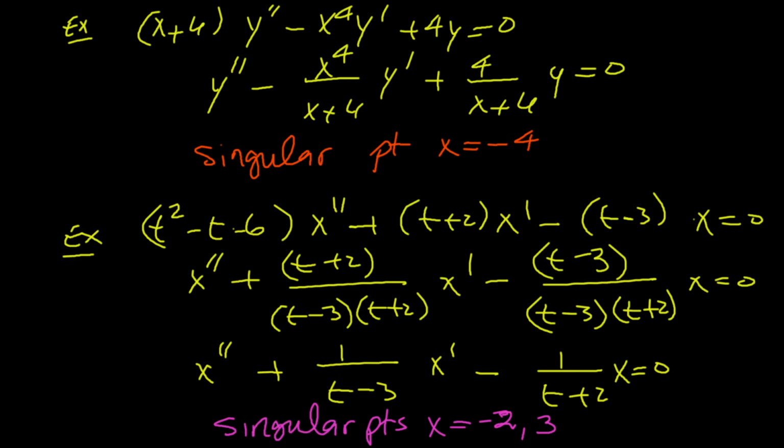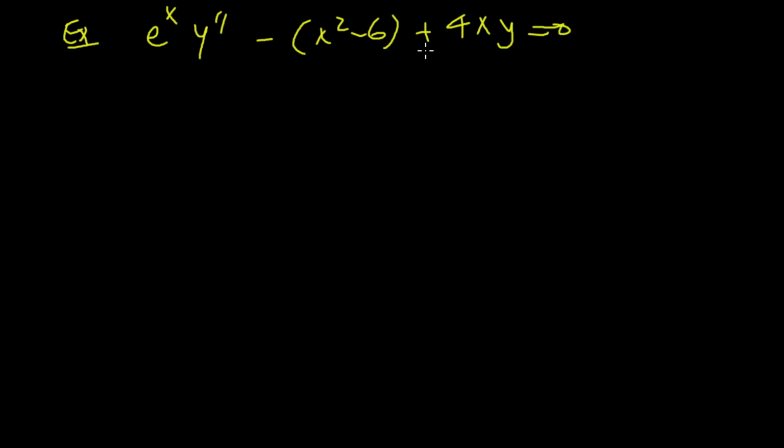Alright. Let's do one where maybe you don't have any, because not necessarily you're going to have singular points. Let's say this. Using the knowledge we know for exponential, it has a horizontal asymptote, so it can't be 0.